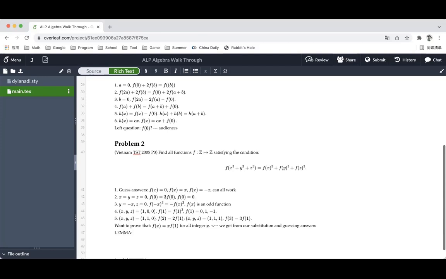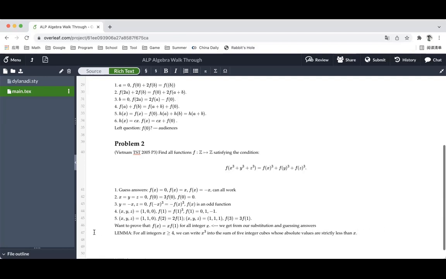And here you need an important lemma, which states that for all integers x, we can write x cubed as the sum of five integer cubes whose absolute values are strictly less than x.